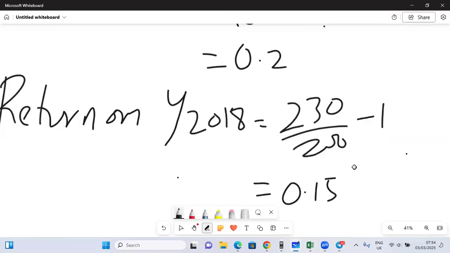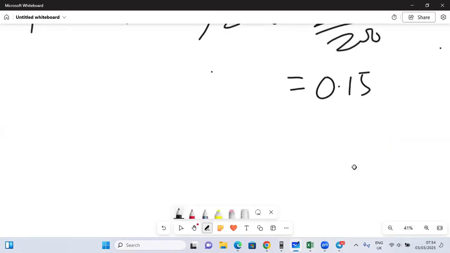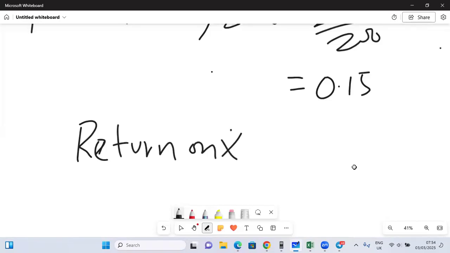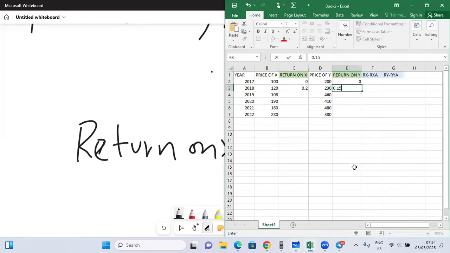And then now the return on X in 2019 is going to be 108 over 120. So you see, we want to do for 2022 to be 190 over 108 like that.